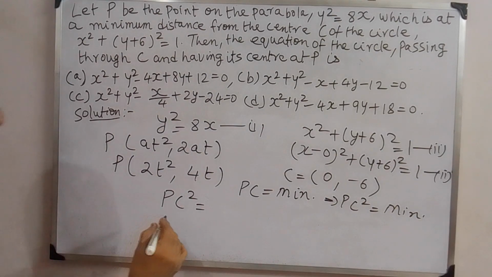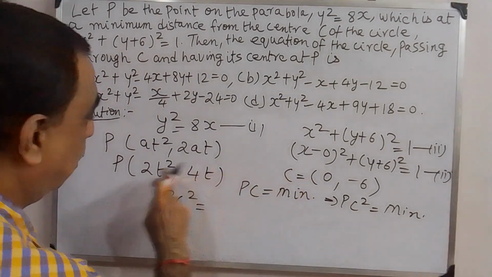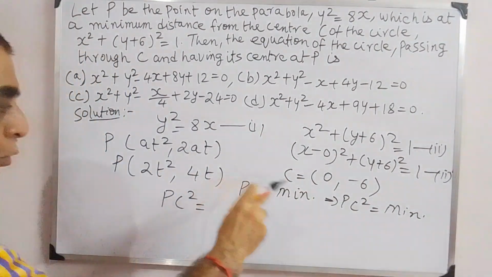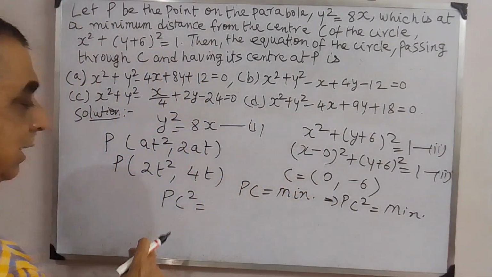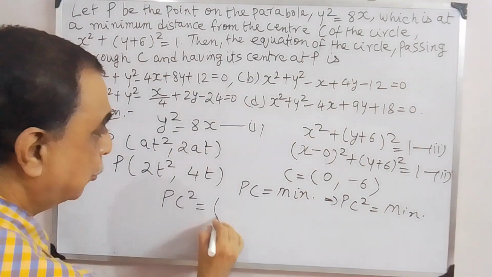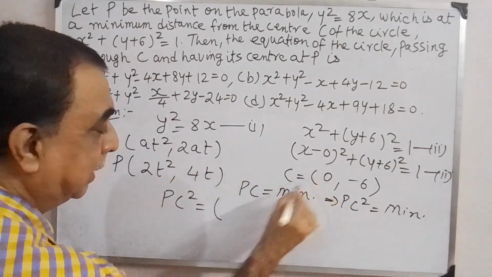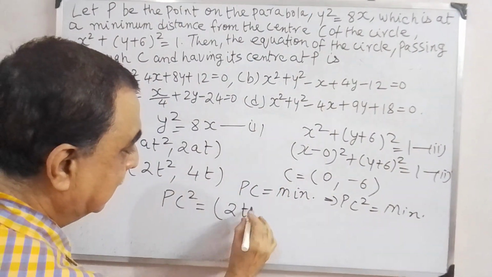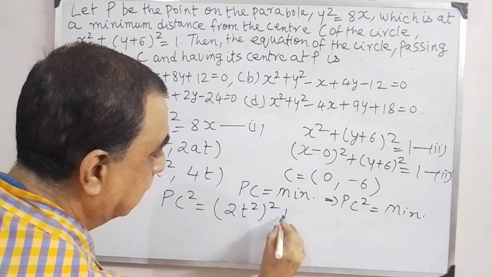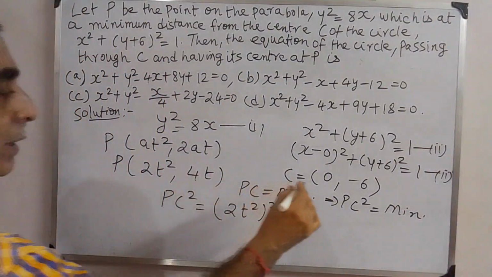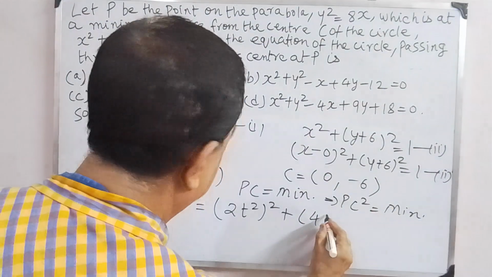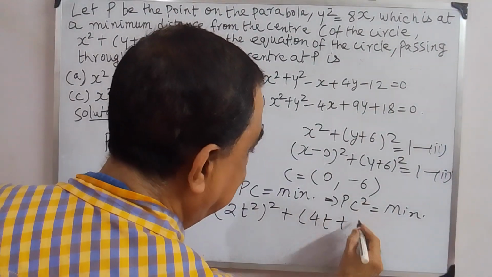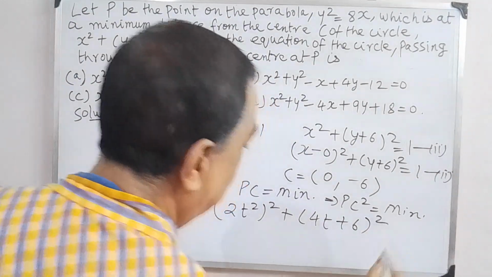PC squared, we find the difference of the x coordinates whole squared plus the difference of the y coordinates of P and C whole squared. So this will be (2t squared minus 0) whole squared, that is (2t squared) whole squared, plus (4t minus, minus 6), so 4t difference is plus 6, whole squared.